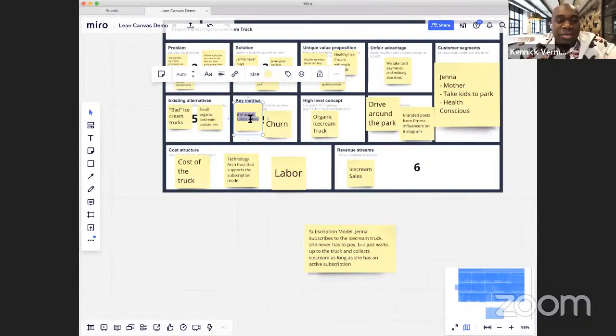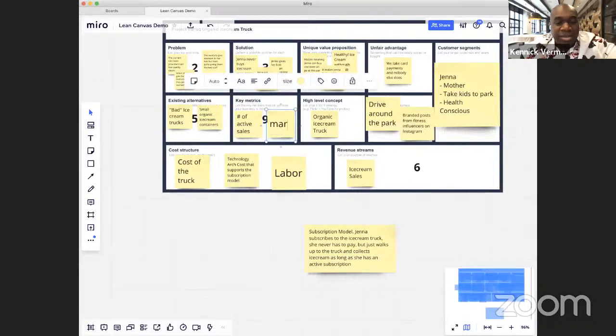It's a number of active subscriptions, number of sales, churn goes away. And then your profit margin becomes one of the key metrics.